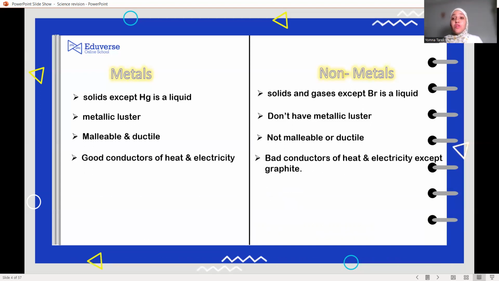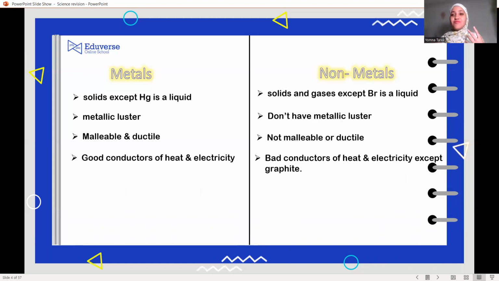Okay, metals are good conductors of heat and electricity. You can conduct heat and electricity by metals. What about non-metals? No, non-metals are bad conductors of heat and electricity. Except what? Except graphite. Do you know graphite?